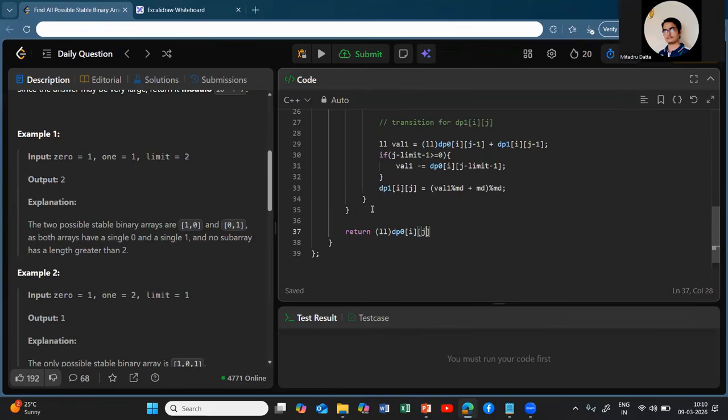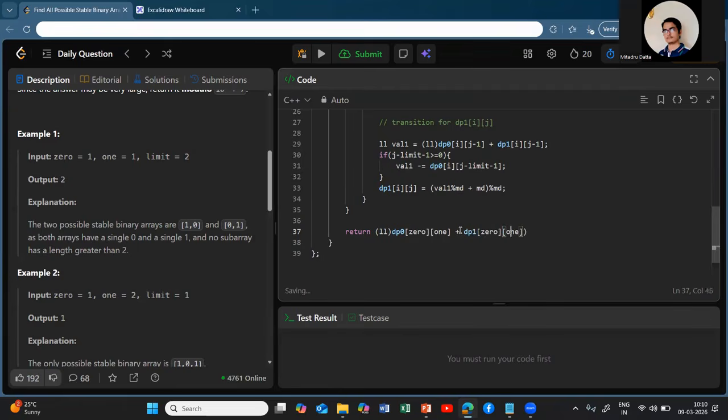Not ij, obviously this will be 0 and 1. So you are using all zeros and ones, but starting with 0. And you are also taking the case of starting with 1, and you are using all the zeros given to you and all the ones given to you.